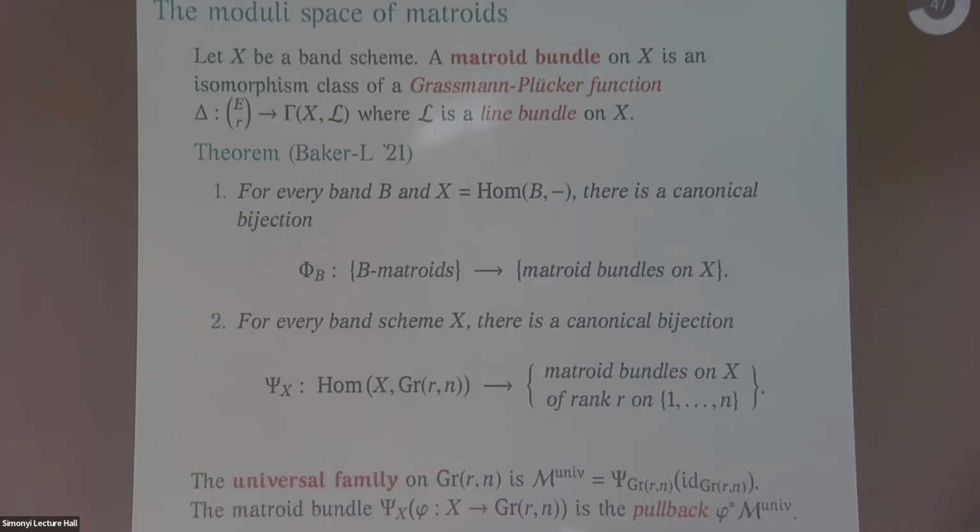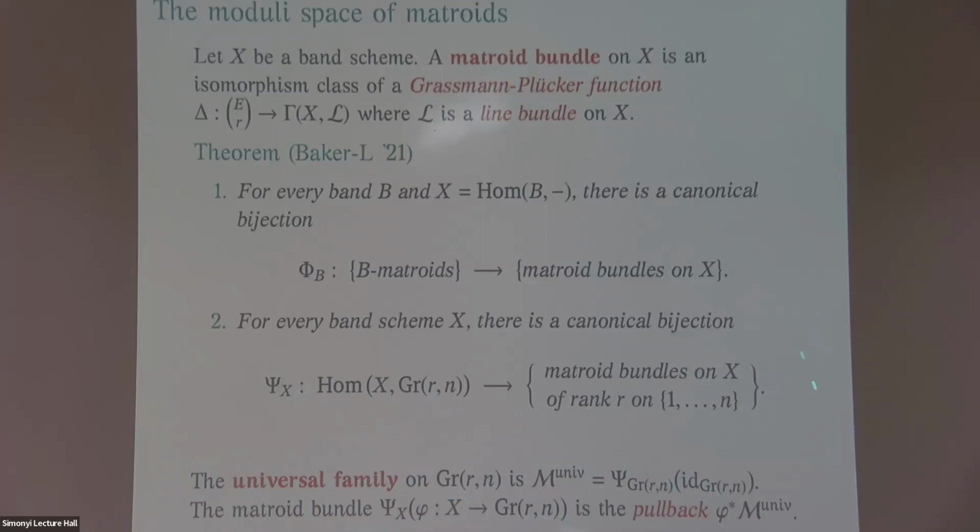Just to conclude here, this story of the moduli space. There's a universal family, so a universal matrix bundle on the Grassmannian, which is the usual story of moduli space. You take the identity morphism, and this gives us a matrix bundle on the other side. And then every matrix bundle is a pullback of this universal bundle.